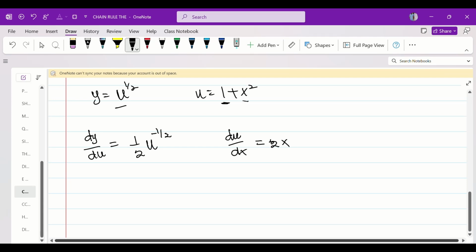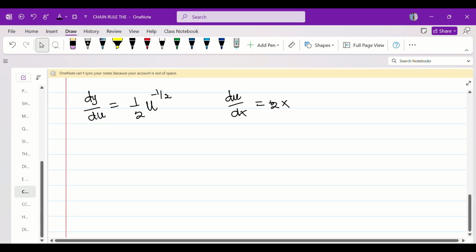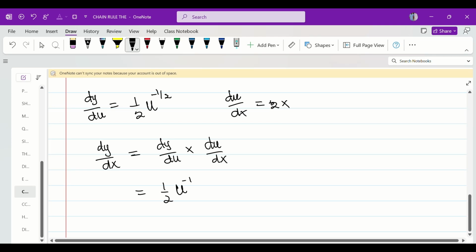Now, according to the chain rule, we are going to get our dy/dx to be dy/du times du/dx. So you get 1 over 2 u exponent negative 1 over 2 multiplying 2x.